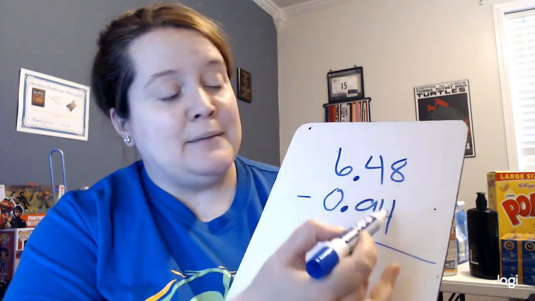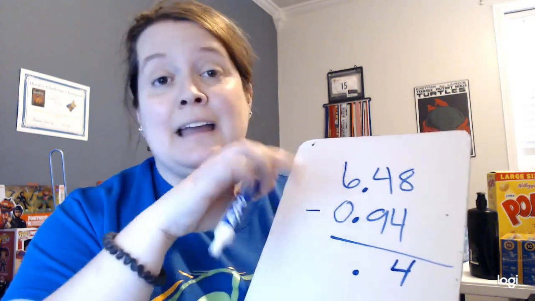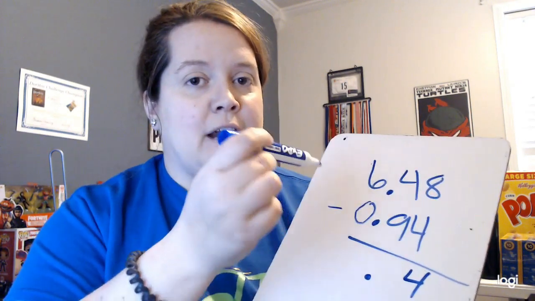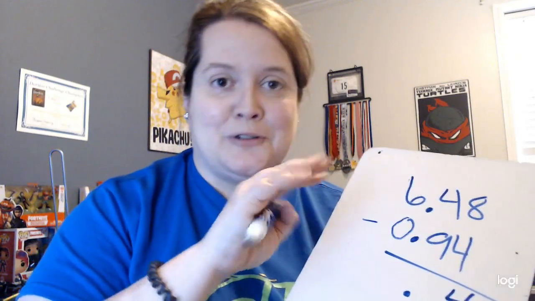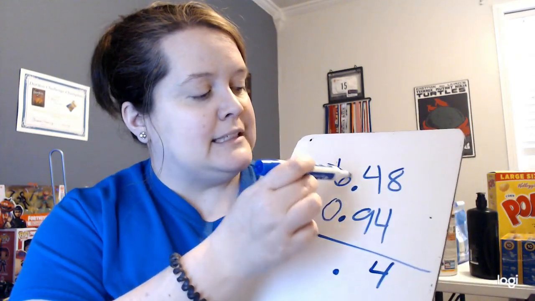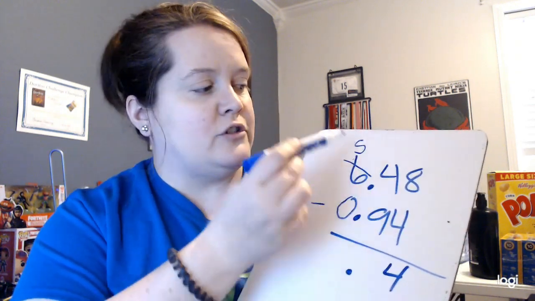We can subtract 8 minus 4 pretty easily and get 4. And then when I go to 4 minus 9, I cannot do that. I cannot subtract 9 from 4. In 5th grade, we like to do the traditional method, which parents should be happy about. We like to borrow from the 6. We're going to borrow 10 from it, because each place value is 10 times larger, so that's a 5.